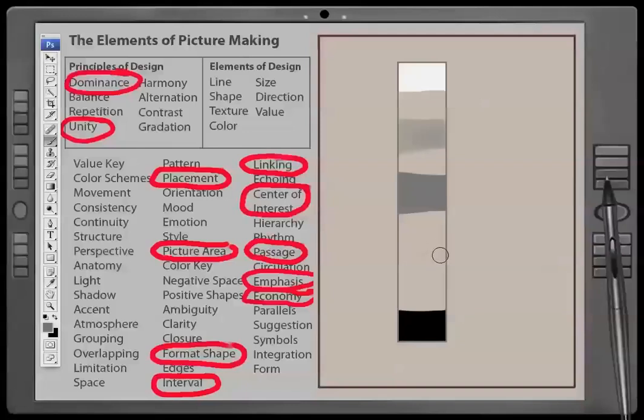And then down here, between the middle value and the darkest value. Now for the next value, down here, a value that falls between this value and this one here, the black at the bottom. And then another value up here that falls between this value and that one.